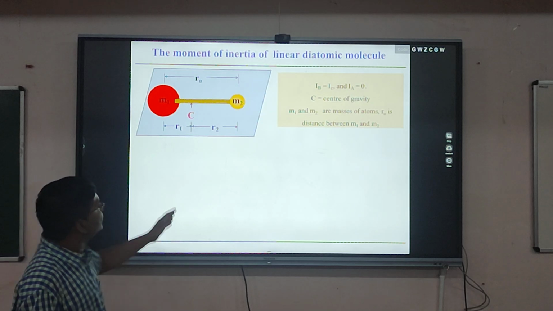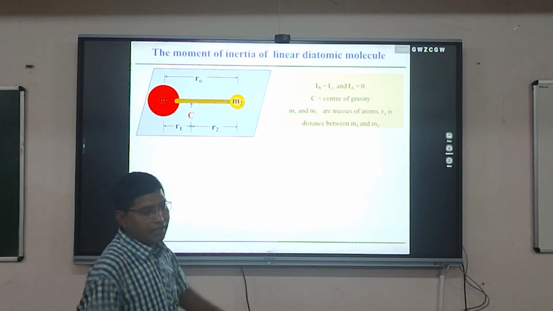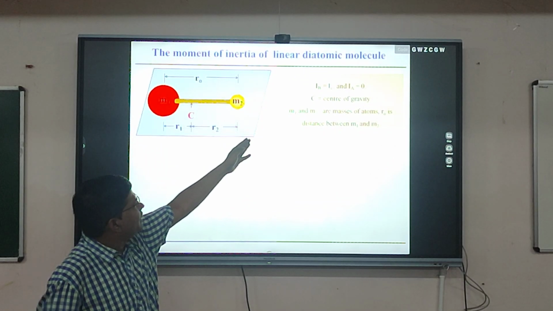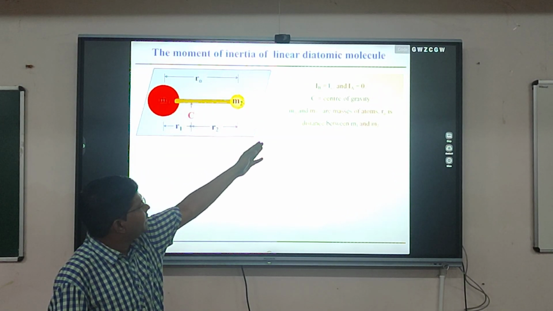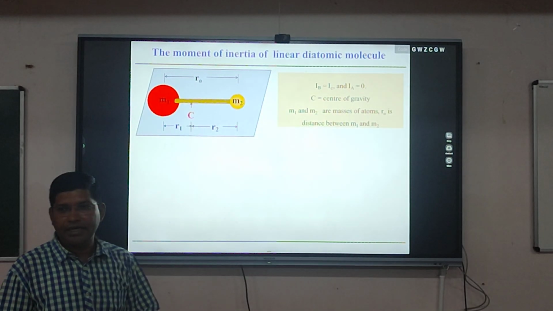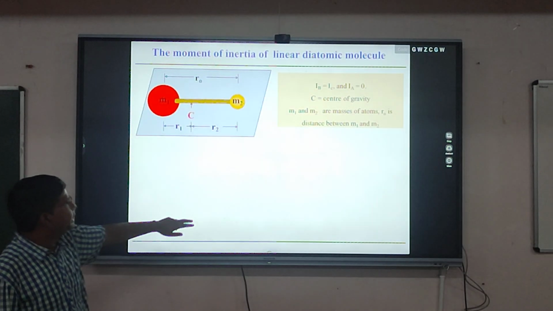For a linear rigid diatomic molecule, IB equals IC and IA equals 0, C is the center of gravity, and M1 and M2 are the masses of the atoms.